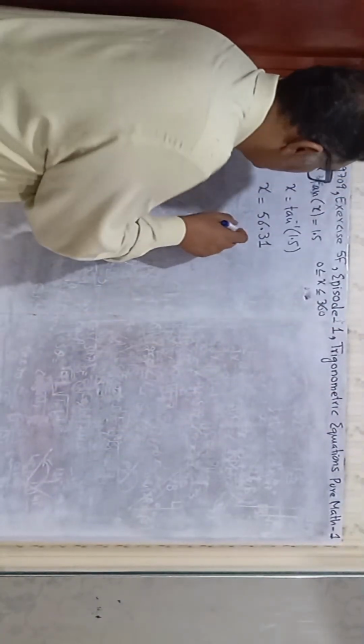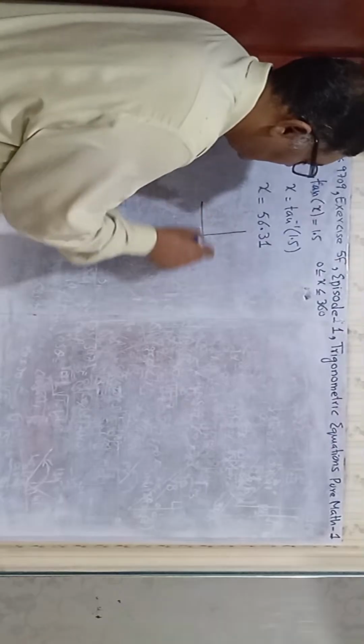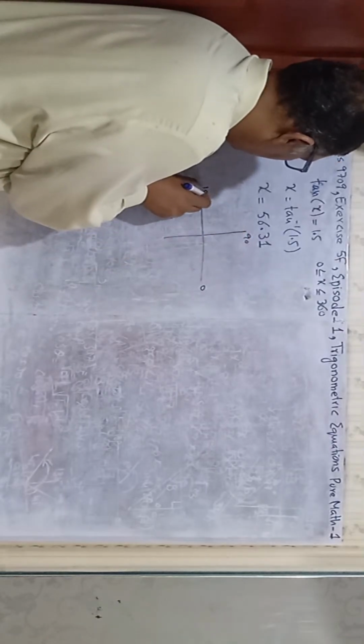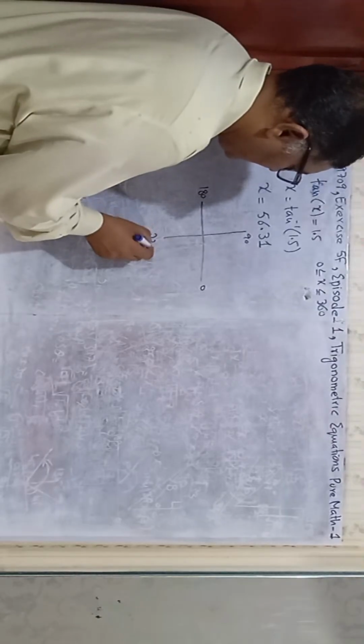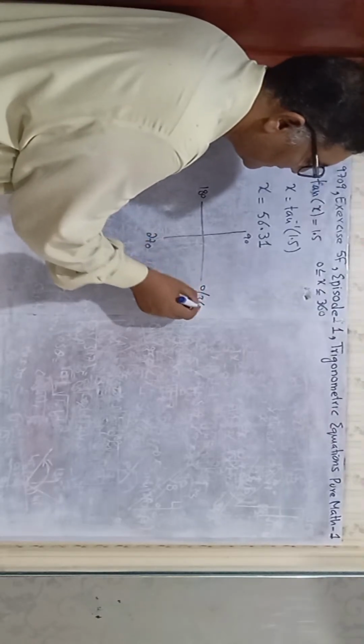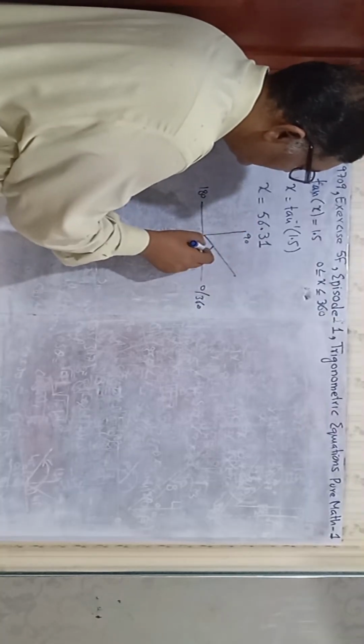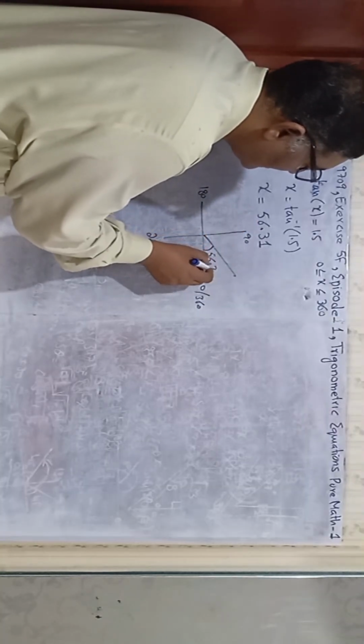You see, this is an acute angle. The tan x value was positive, and from 0 to 360 this happens 2 times. Try to understand this. This is 0, this is 90, this is 180, this is 270, and this is 360. So this acute angle is here. This base angle is 56.31.